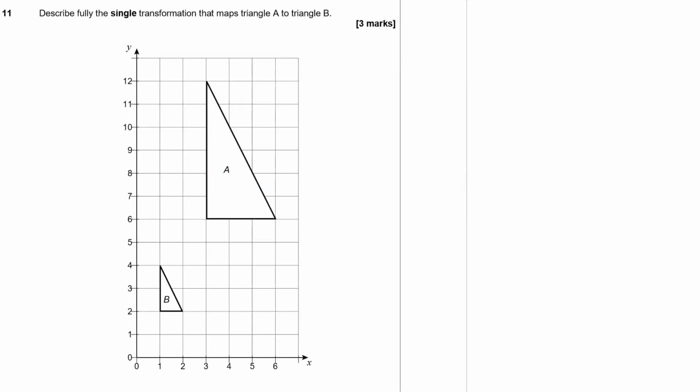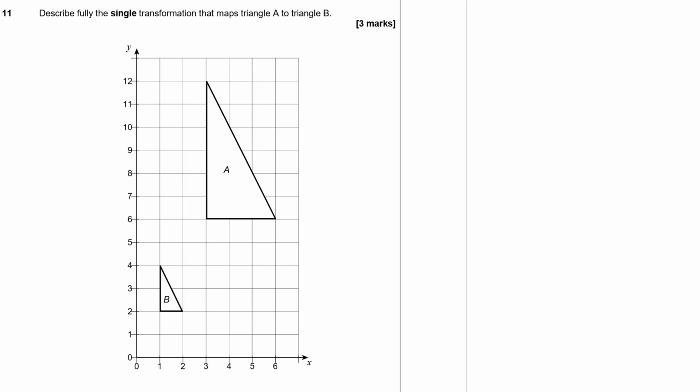Describe fully the single transformation that maps triangle A onto triangle B. Now, A and B are different sizes, so it's definitely going to be an enlargement of some sort. Notice that A is the larger one and B is the smaller one, so it's going to be an enlargement with a fractional scale factor.